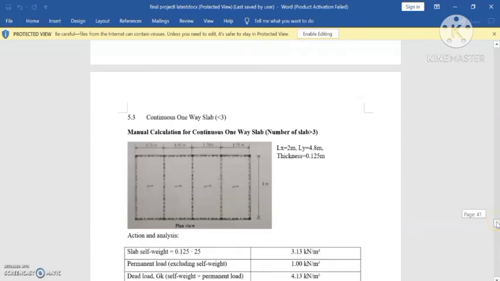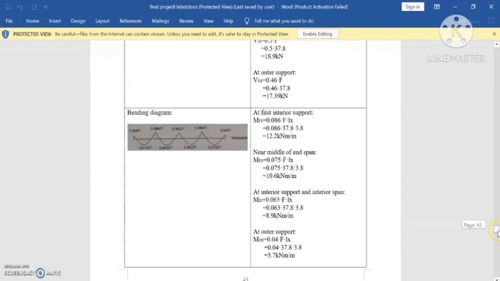And then we go to the continuous one-way slab with 3 slabs. Why do I want to split into span equal to 2 and 3? The number of slabs 2 and 3 is not actually different. They each have one shear force and one bending moment to calculate. And you know that all of this is the same as the previous one.